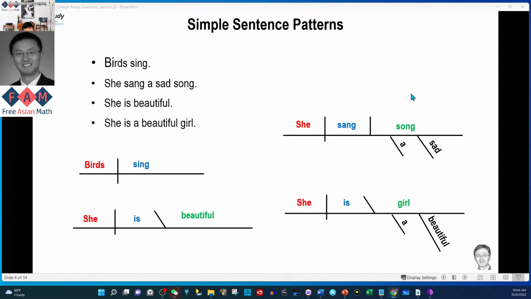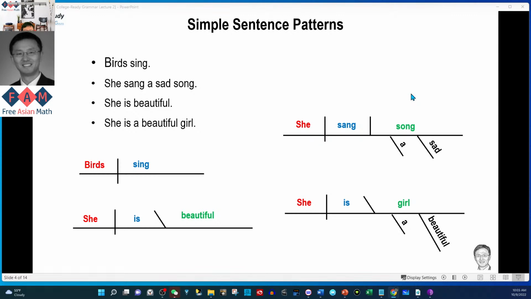So we quickly discuss a few very representative simple sentence patterns. In particular, we look at two types of verbs. One is the linking verb, like the be verb. She's beautiful.